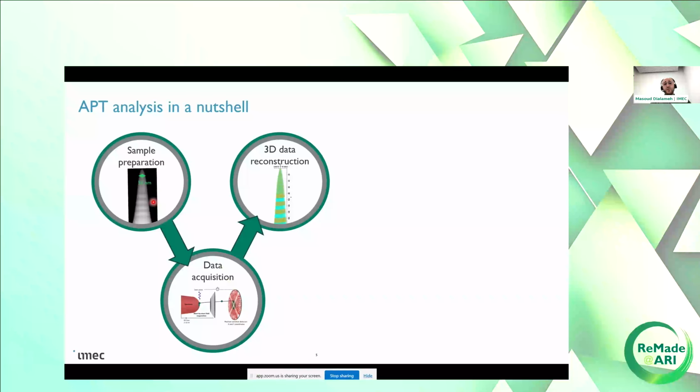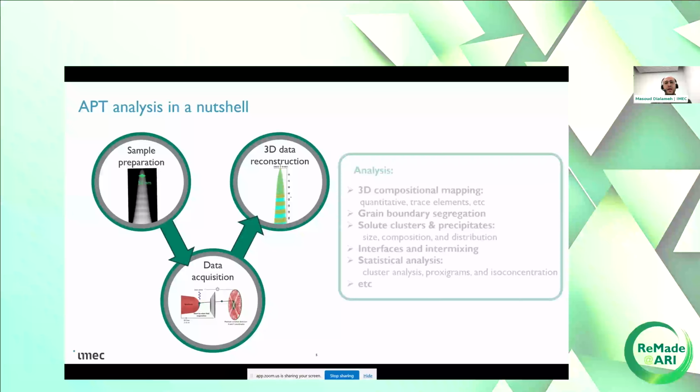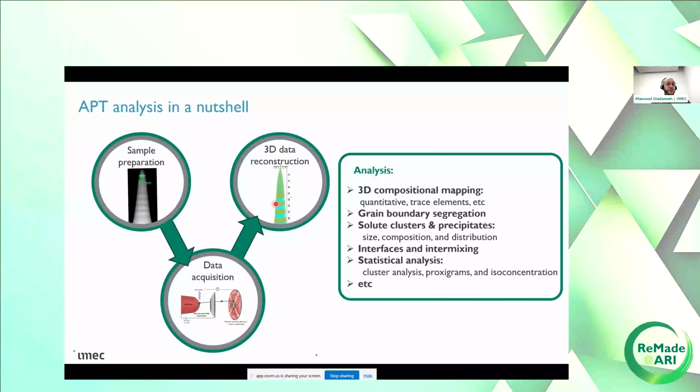Of course, the accuracy of the next step, the full data analysis, relies on how accurately the reconstructed data reassembles the original atomic arrangement within the specimen. This example is a silicon germanium quantum well. Once the 3D reconstruction is done precisely, one can do a variety of analyses.